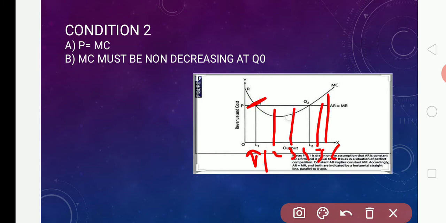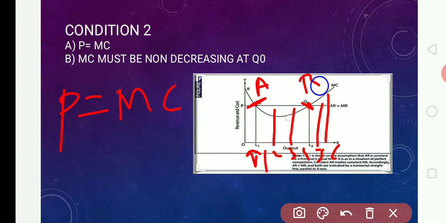At this point where the price is equal to MC, I'll consider this as point A and this as point B. At point A and point B, the marginal cost is equal to the price, which is the condition of P equals MC, at quantities Q1 and Q4.